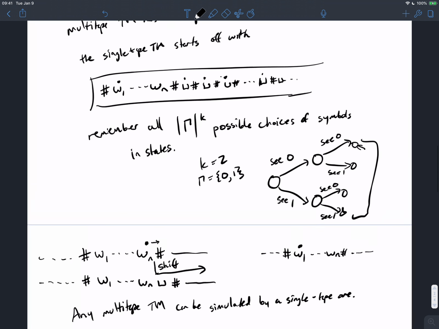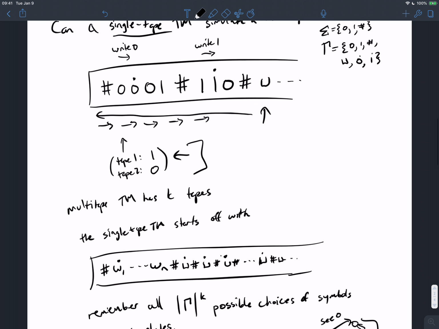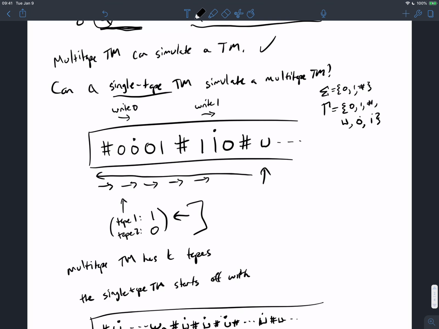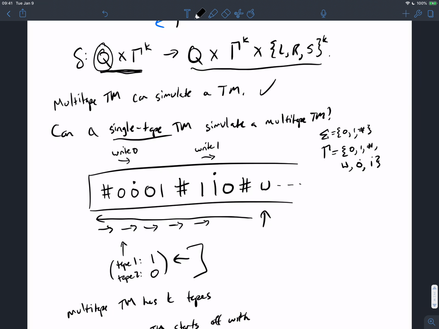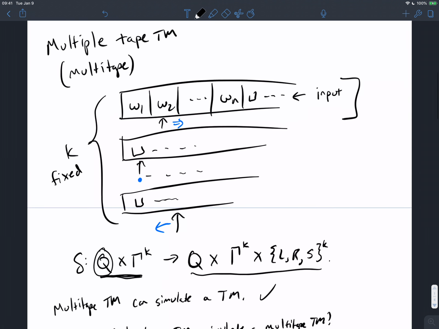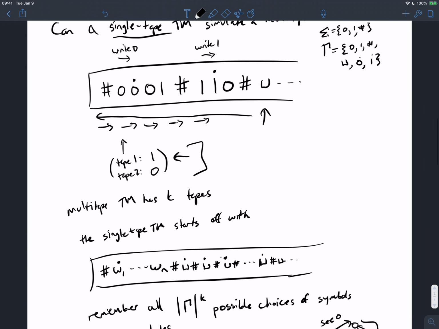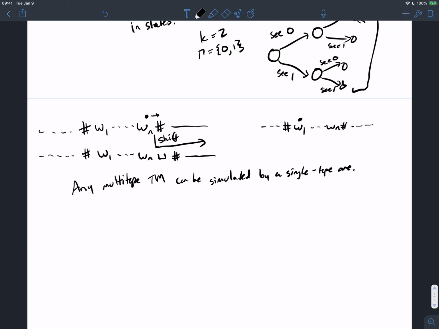So if you want to use multiple tapes from here on out, you're absolutely welcome to, and then just cite the result: multi-tape Turing machines are equivalent to the standard model in computational power. Of course, if we use a multi-tape machine, we can have our language be decided faster, or at least as fast as a single tape one can, but in terms of computational power, they are the same.